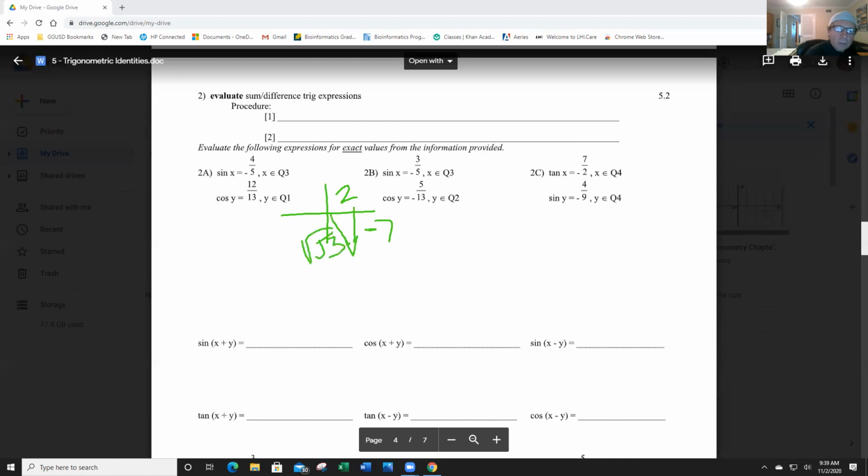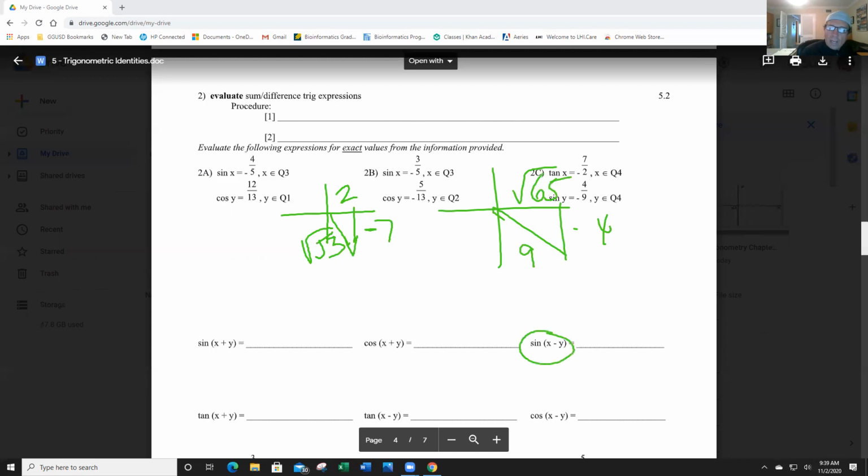They wanted quadrant 4, so I got it in there. The y is negative, the x is positive. Triangle B is also quadrant 4. You end up with -4, 9 is the hypotenuse, and this is radical 65.